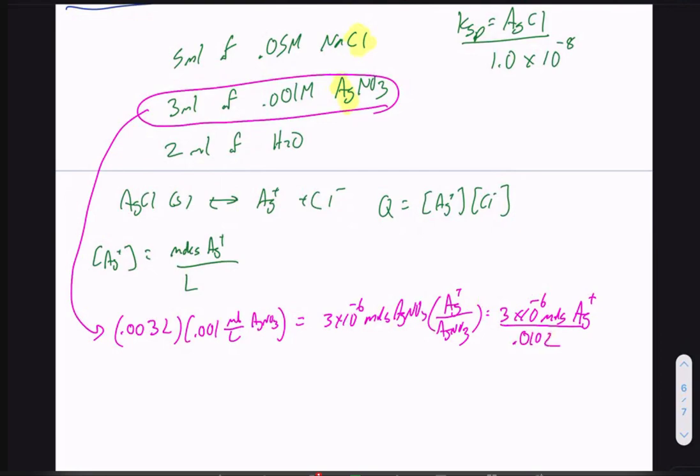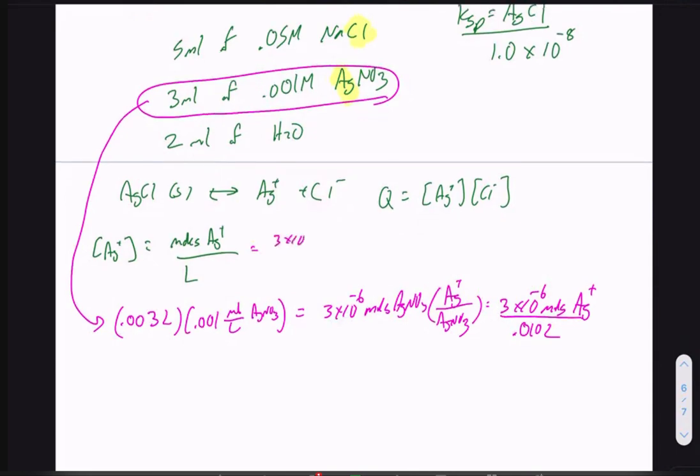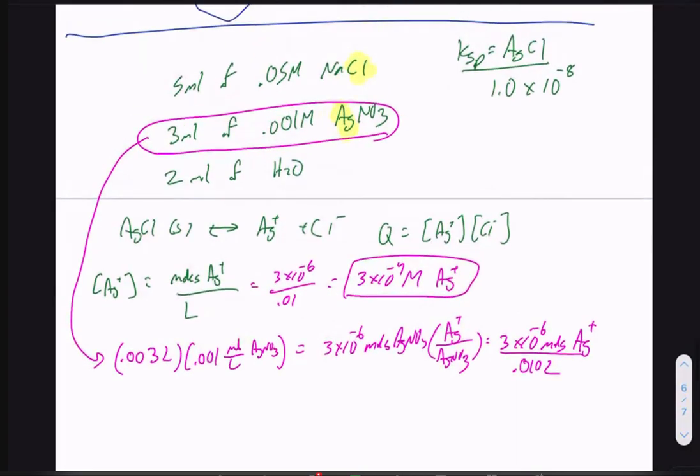So to find the molarity, it's 3 times 10 to the minus 6 over 0.01, which is 3 times 10 to the minus 4 molar silver. That is how you find the concentration when water is added. You have to add the water volume to the volume of the other 2 test tubes to get your total.